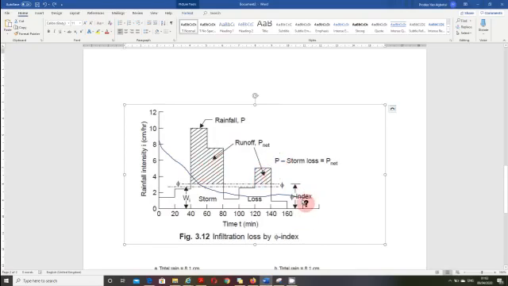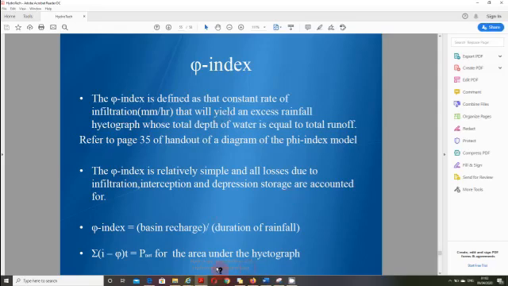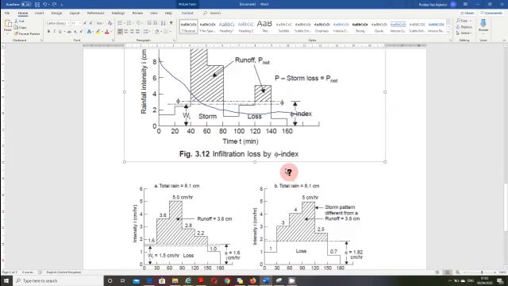So after the ground has drunk all the water, precipitation minus the storm loss gives us our P net, where the storm loss is the infiltration. So precipitation minus the storm loss gives us what we call the P net, which forms the runoff in the catchment. So you can use the phi index concept, which has been demonstrated here.